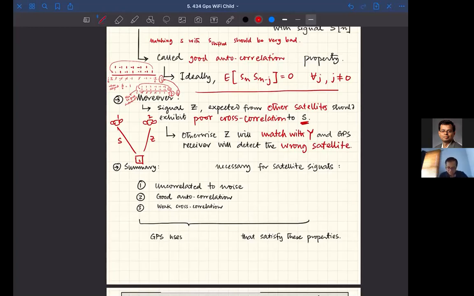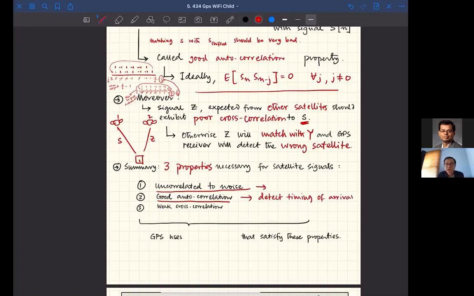So in summary, 3 properties are necessary for the satellite signals. The satellite signal should satisfy 3 properties. 1, it should be uncorrelated to noise. Right? 2, it should have good autocorrelation properties so that I can detect timing of arrival.